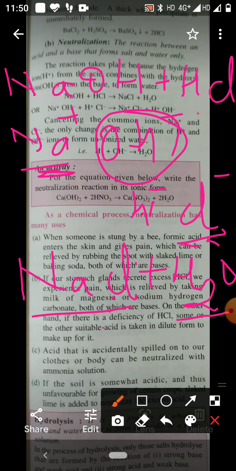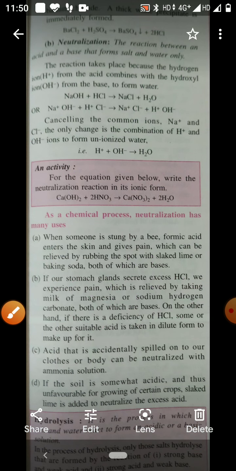There are applications of the neutralization reaction. So children, you have to know the applications of neutralization reaction. In the applications, the first one is that the sting of a bee or wasp is acidic in nature.